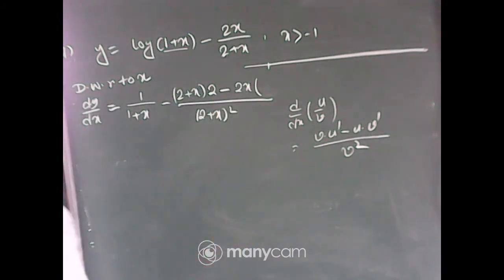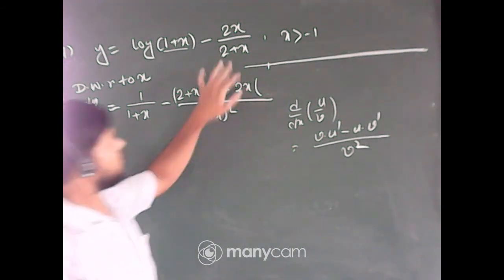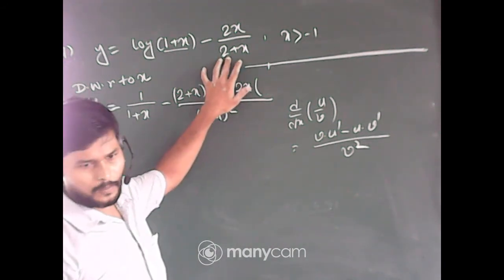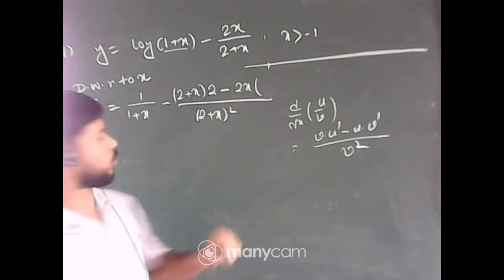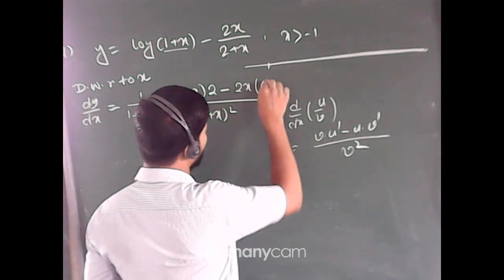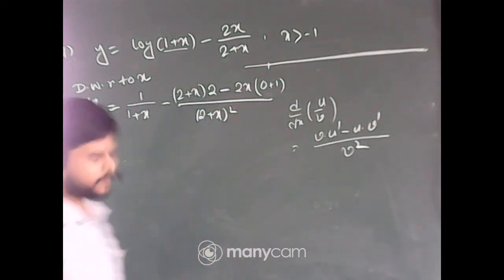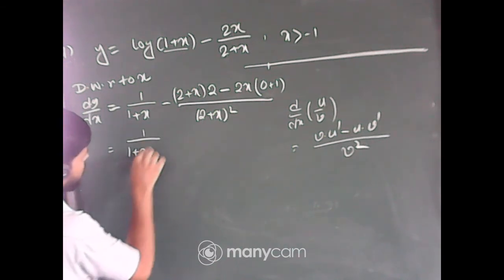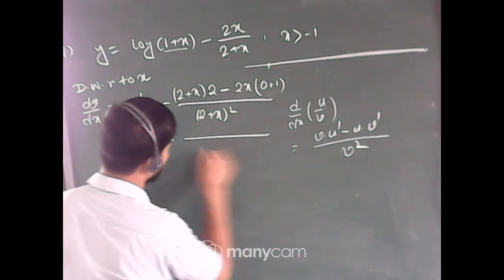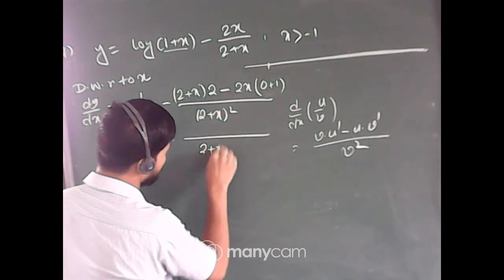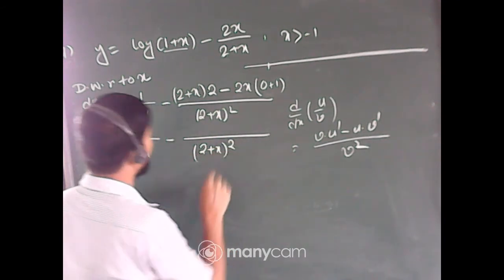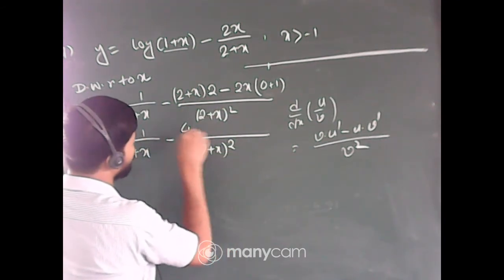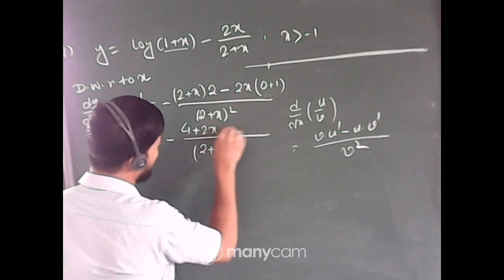Now the derivative of 2 plus x will be: the derivative of 2 is 0 and the derivative of x equals 1, so that is 0 plus 1, or only 1. That means 1 by (1 plus x) minus, this is (2 plus x) whole square, and that is 2 to the 4 plus 2x and minus 2x.